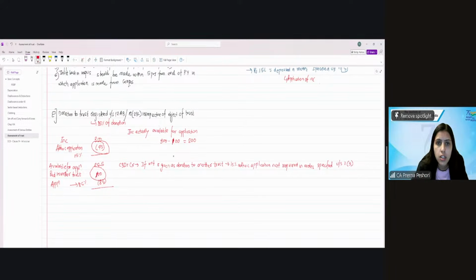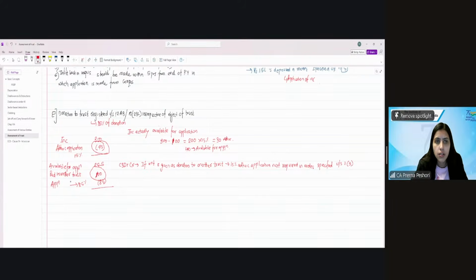Are we clear? So here what we are considering is 200 into 15%, 30 as the ad hoc, and the balance 170 is available for application. Are we clear?